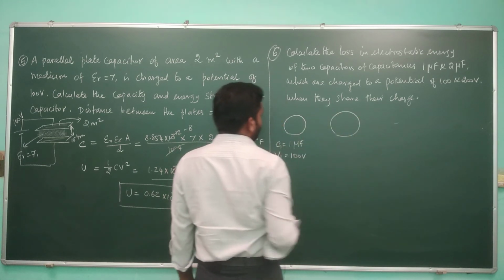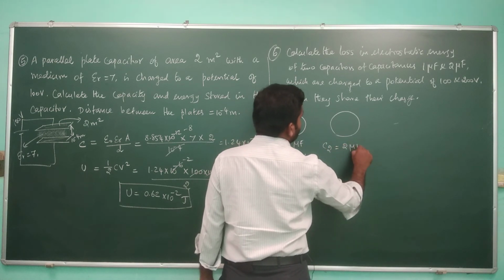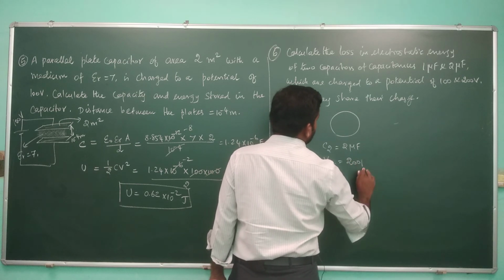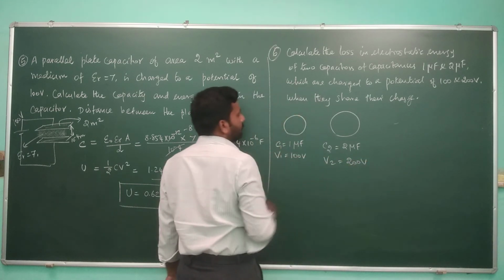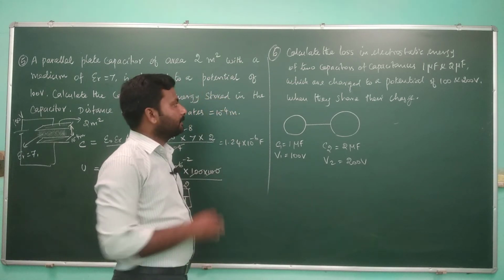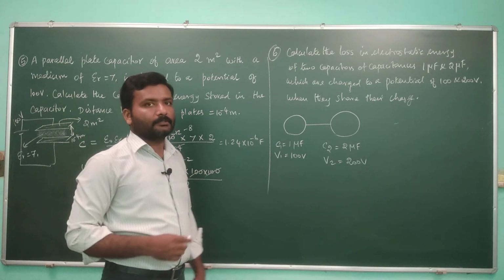There is another capacitor whose capacitance is 2 microfarad and the potential is 200 volt. Now these are connected. When connected, they are going to share their energy. In this situation, what is the loss in energy?